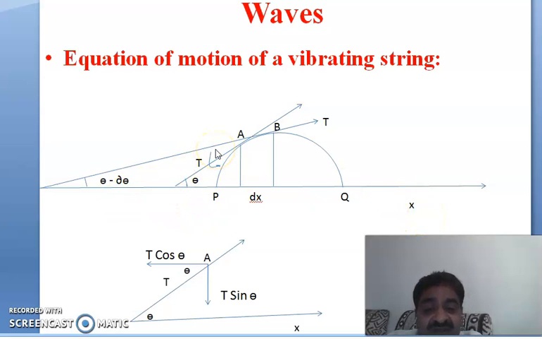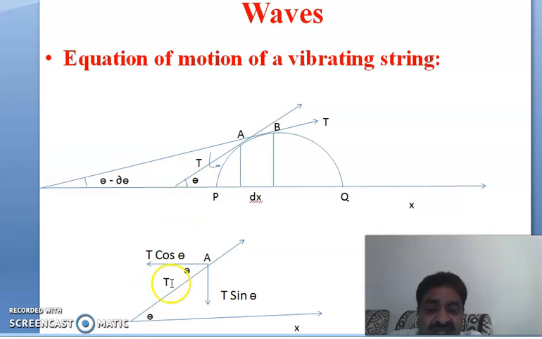This tension T acts in the downward direction. So we resolve this tension T in the downward direction into two components. Here the figure is shown. Now carefully observe.